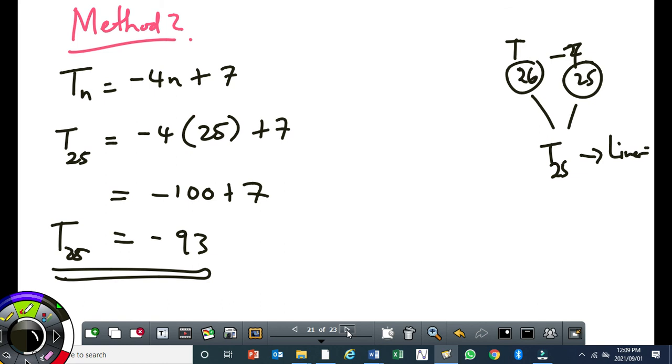So you can't substitute 26 here. The moment you do that, you are saying there are 27 terms in the quadratic. So you substitute the smaller term. Yes, among the two, you just substitute the smaller one.